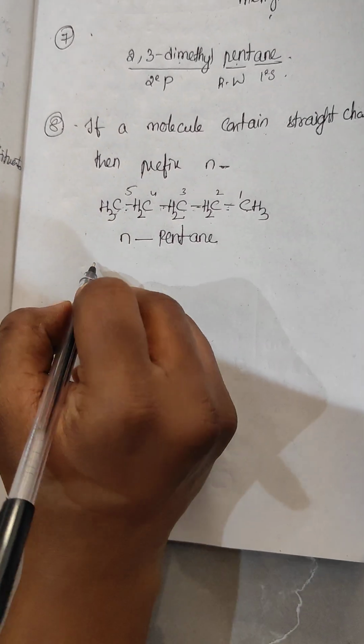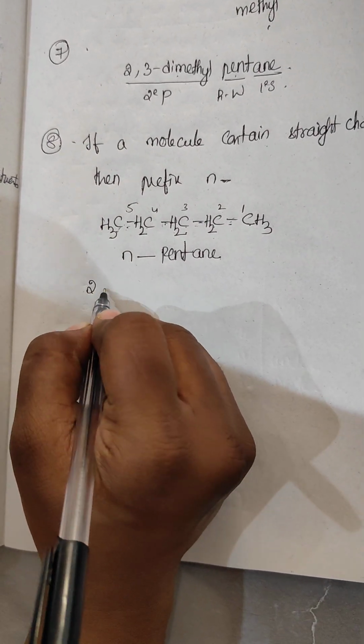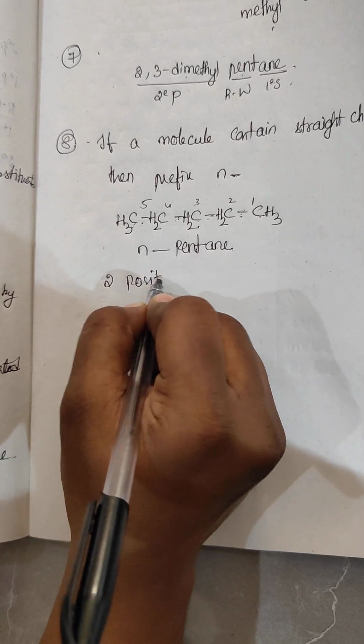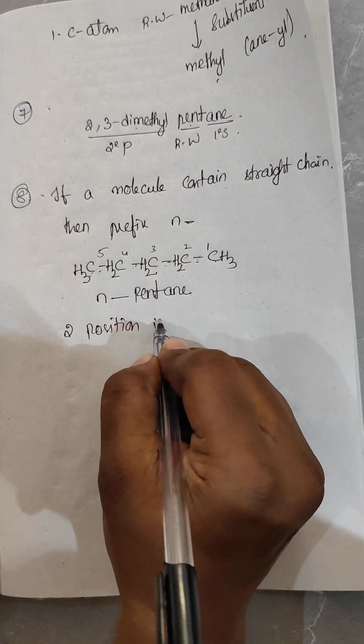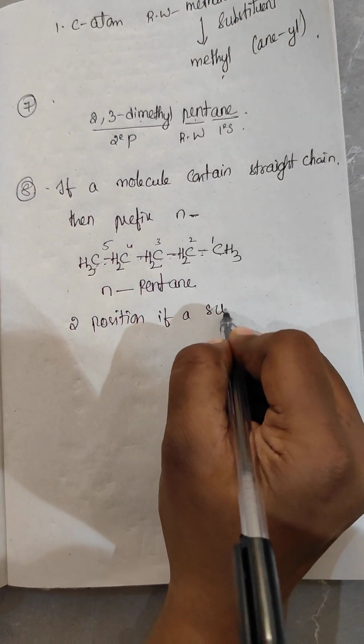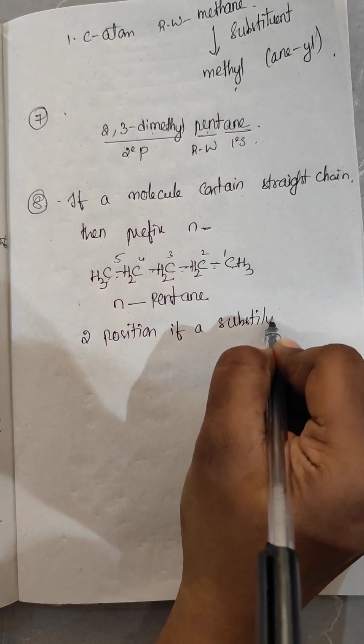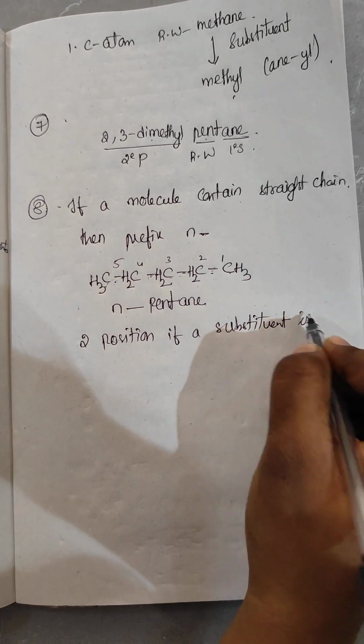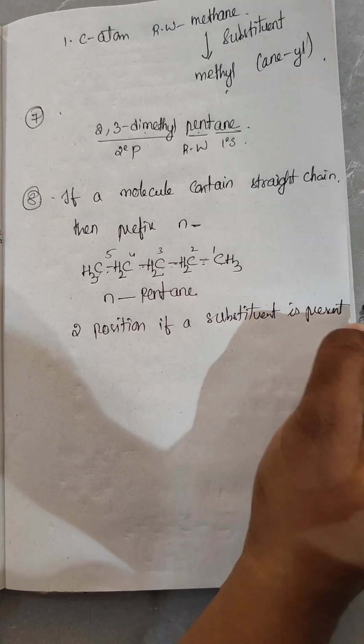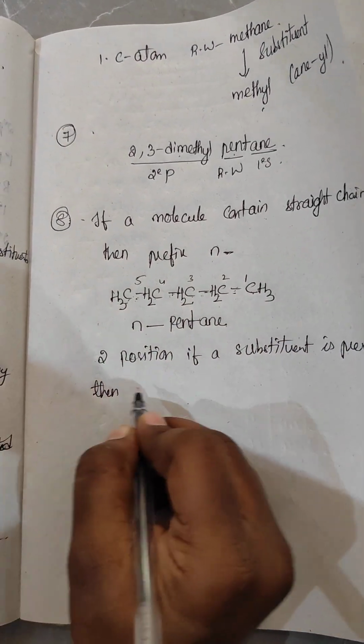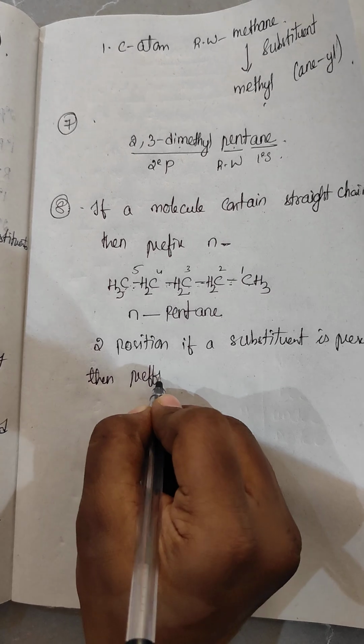Now next, if a molecule is containing a substituent at the second position, then prefix iso should be given.